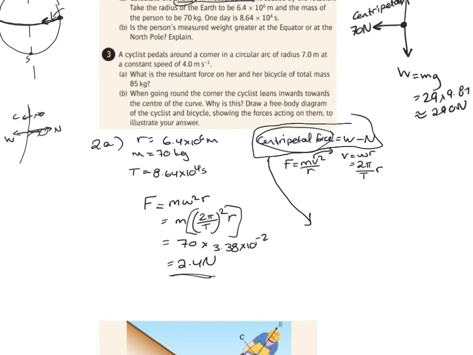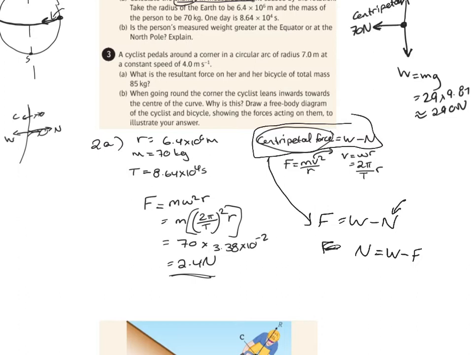If that's the expression for the centripetal force is equal to the weight minus the normal contact force, the reading on the actual scale will give me the normal contact force, because that's what it will be measuring. So the normal contact force is equal to the weight minus the centripetal force.